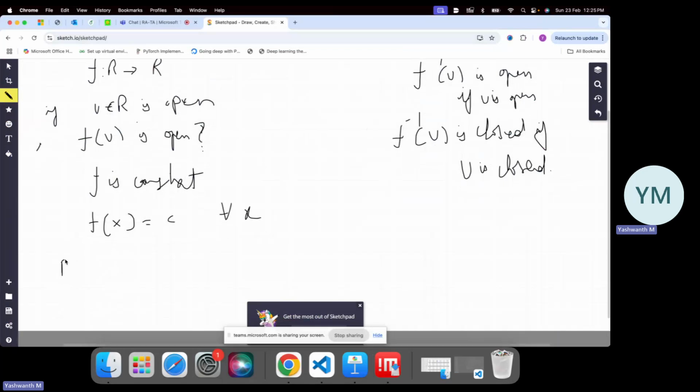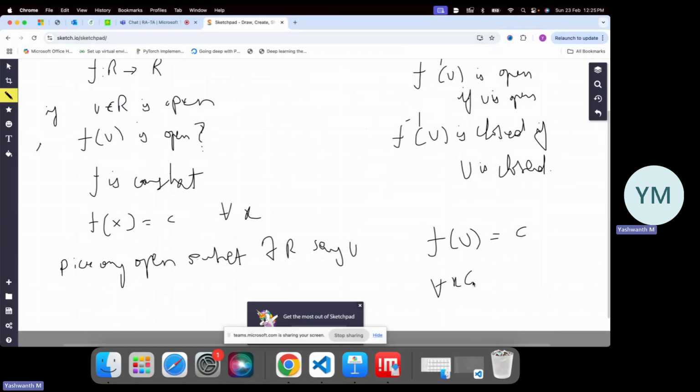Now pick any open subset of R, call it U. What we have is f(U) is equal to c for all x belonging to U. But c is a singleton and it is a closed set.